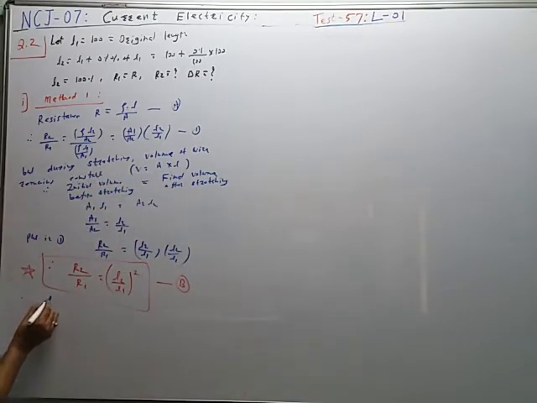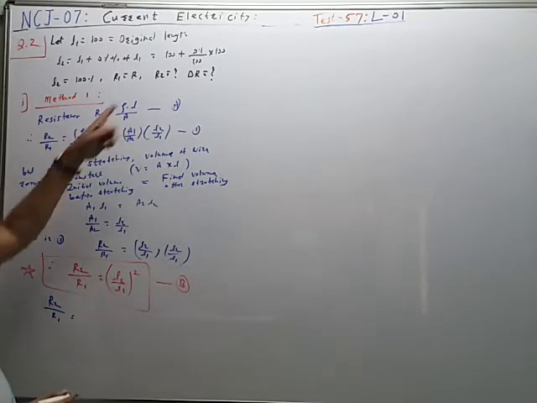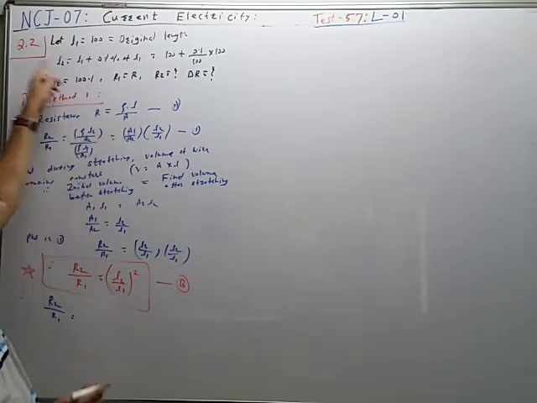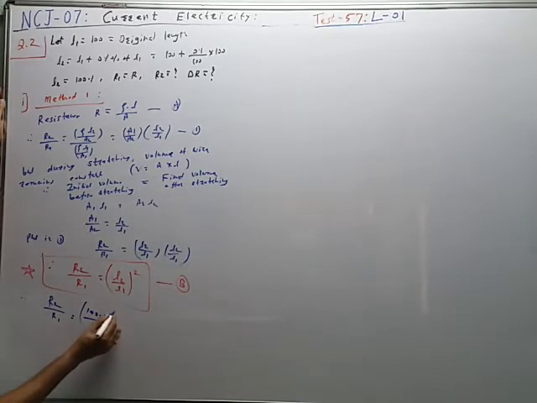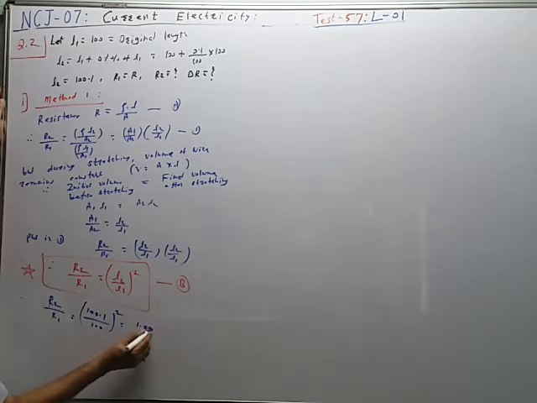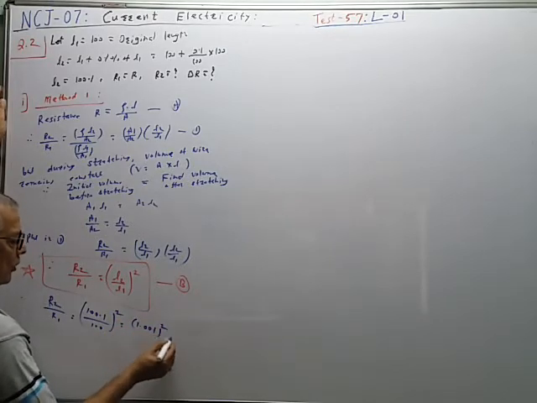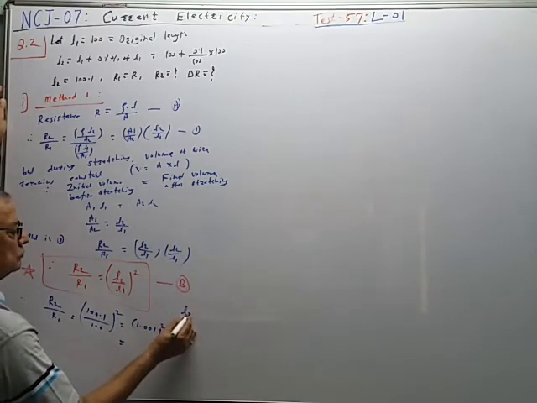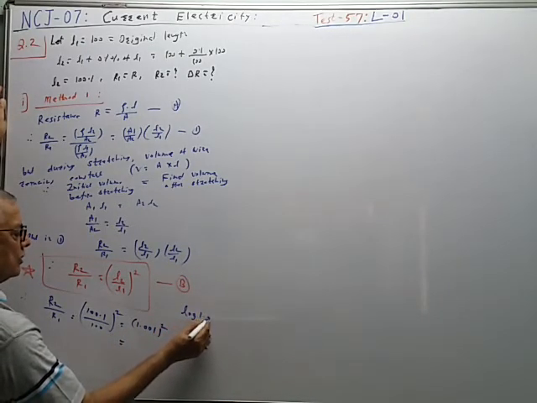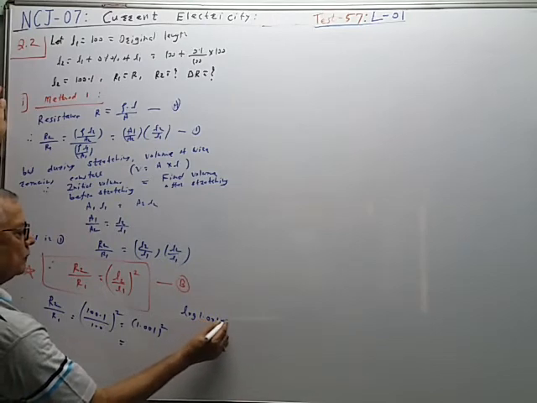Therefore R2 upon R1. Now use this value, 100.1 upon 100 whole bracket square, so that is equal to 1.001 whole bracket square, and by log you can take log of 1.001.